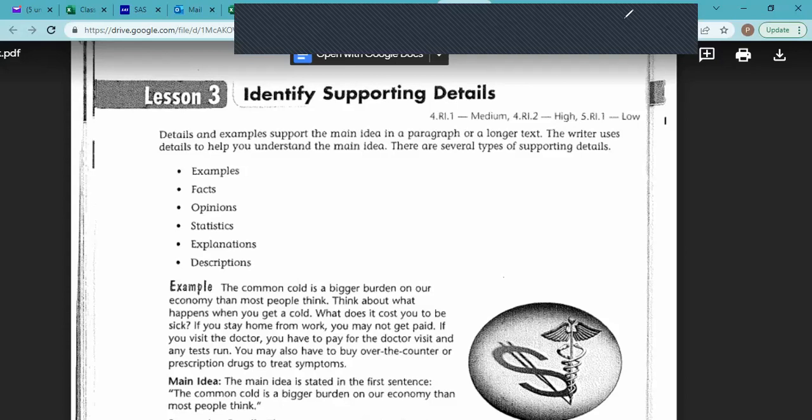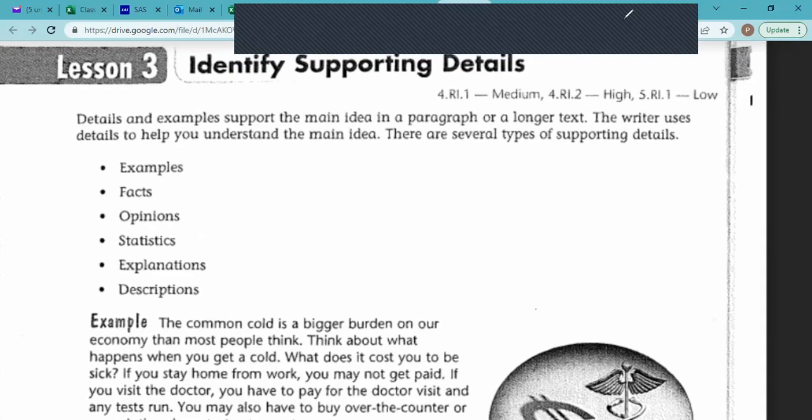Details and examples support the main idea in a paragraph or longer text. The writer uses details to help you understand the main idea. There are several types of supporting details. This is what I was trying to think of earlier when I was saying examples, statistics, and I kind of stopped right there.